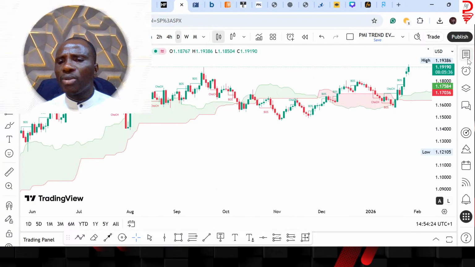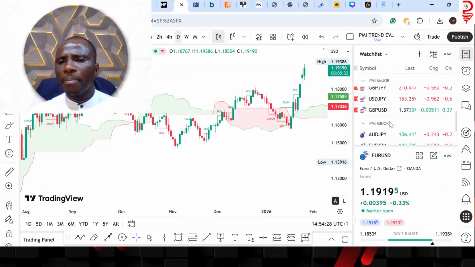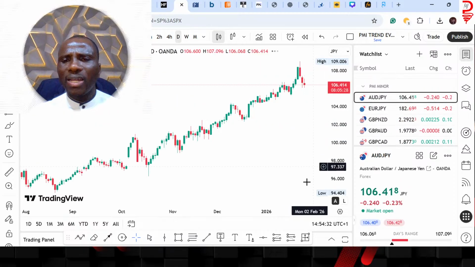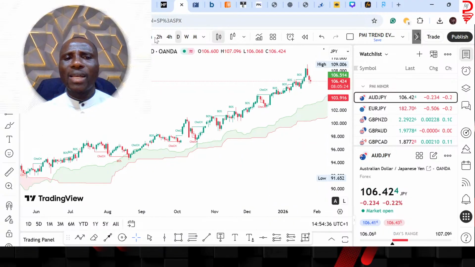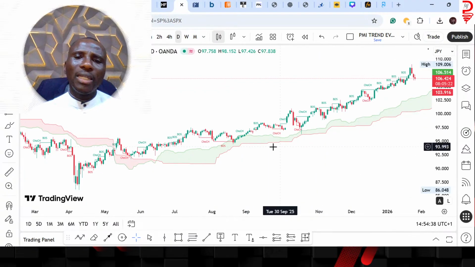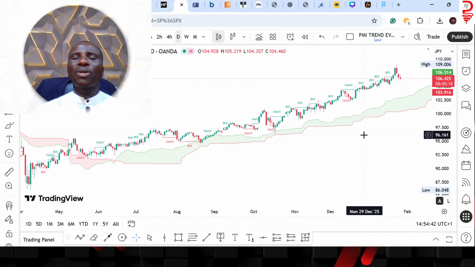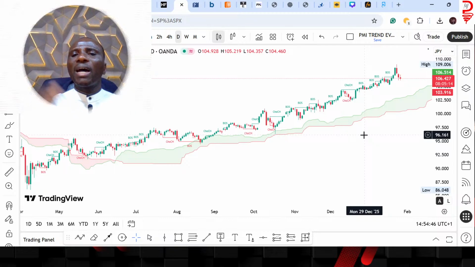So let's quickly look at one other asset. Let's pick one from the minor. Let's pick AUD JPY. We followed AUD JPY last week also, and it delivered. Now, the reason why we are picking some of these assets is because of the narrative that we have. We have risk on dollar aversion.